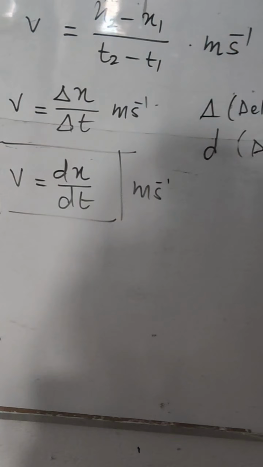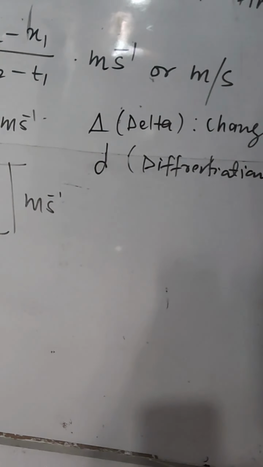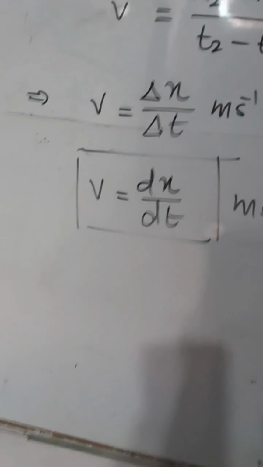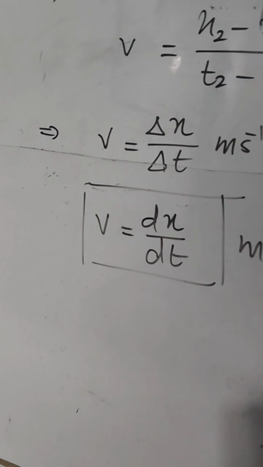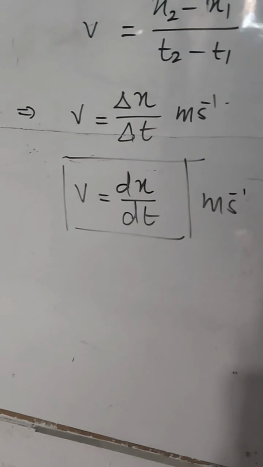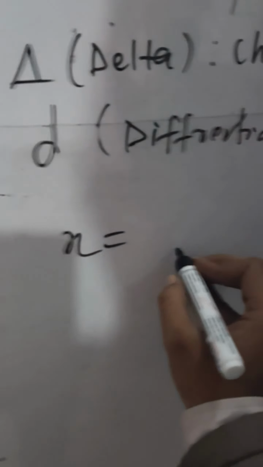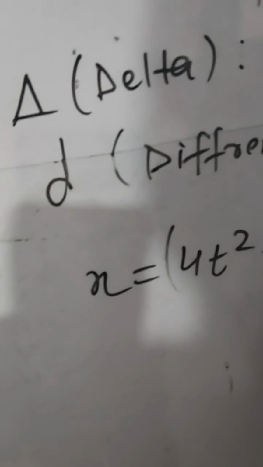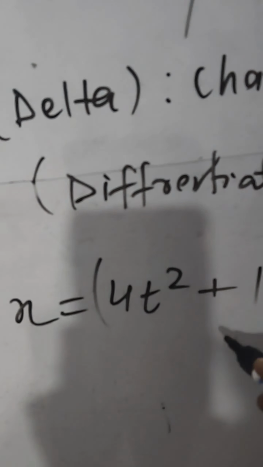In some situations a formula of position itself is given in the question, meaning position is given as a function or an equation in terms of time, like x equals 4t square plus 1. This is not a typical position value in meters. Okay, it's a position.